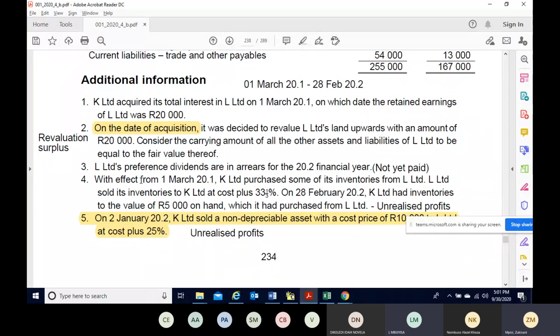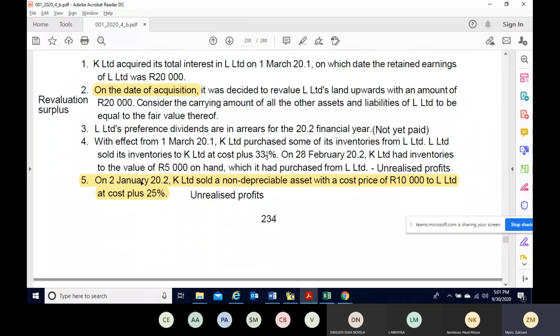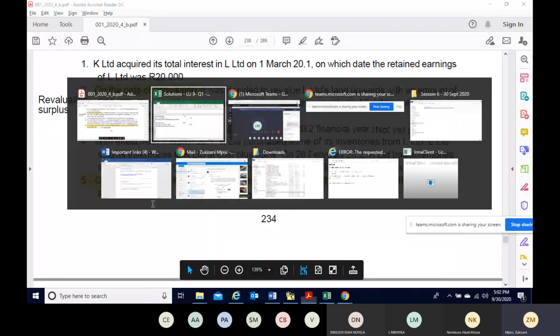The next one that we see is on number 5. Remember, this is pro forma journal entries. We are told that K sold a non-depreciable asset with a cost price of 10,000 at cost plus 25%. So what we need to do now is to reverse the profit of cost plus 25%.